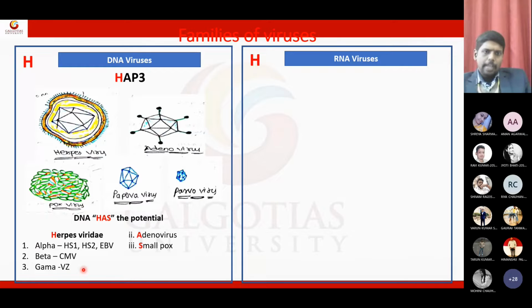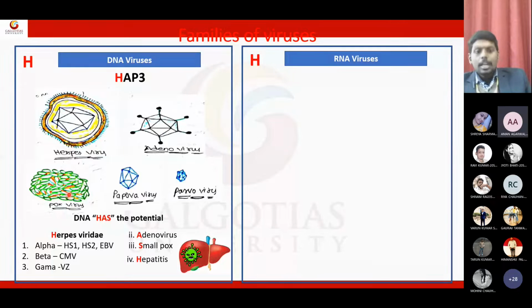Then we have adenovirus, with the direct name adenovirus. Then we have smallpox, which belongs to Poxviridae. Then we have the deadliest supervillain. Who is the supervillain in DNA viruses? Hepatitis B. Very good, student. Why is that important? Because only hepatitis B is a DNA virus.